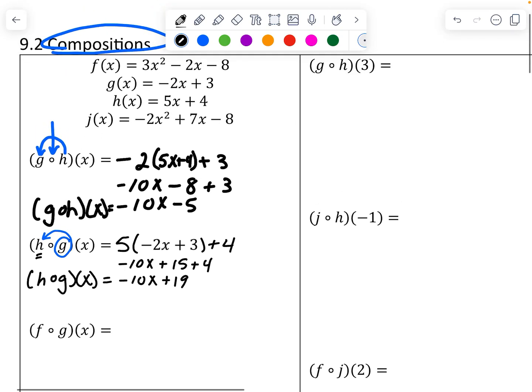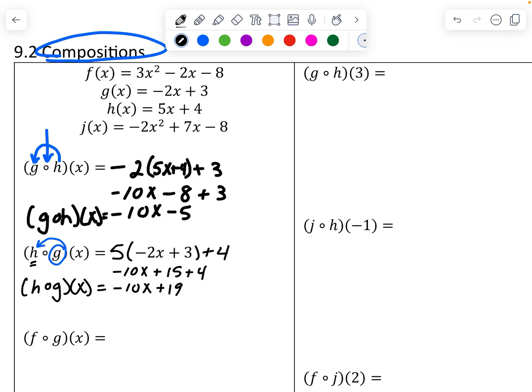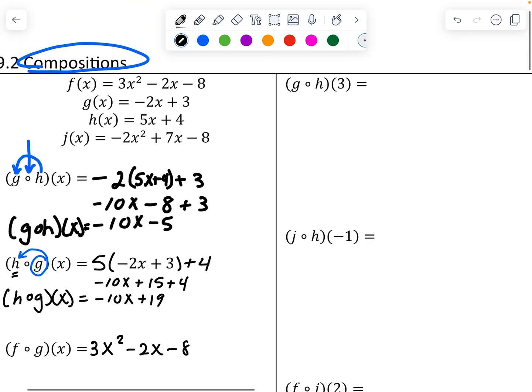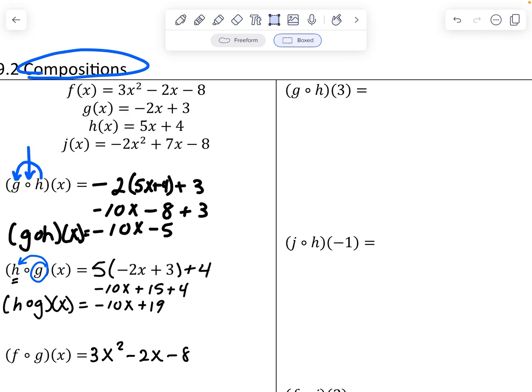So we're going to do the same thing. So f is 3x squared minus 2x minus 8. So that is what f is. So now I'm going to take g. And g is negative 2x plus 3.